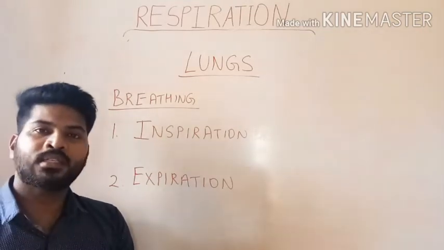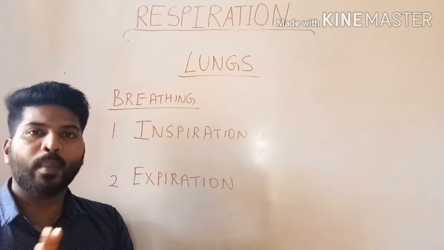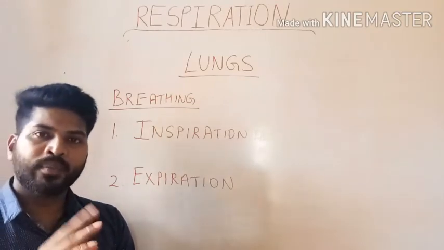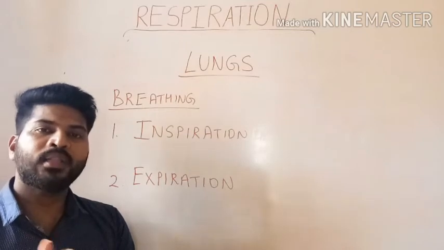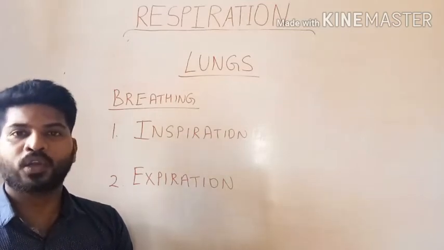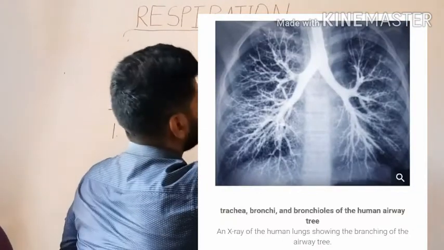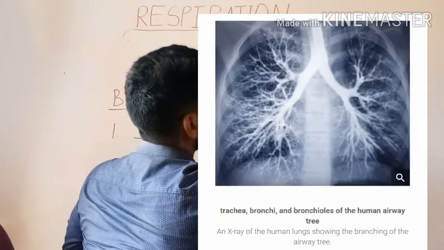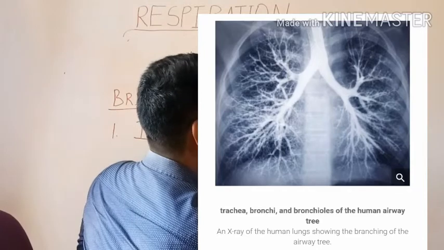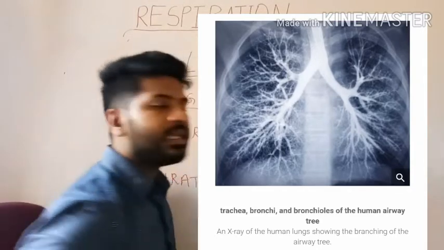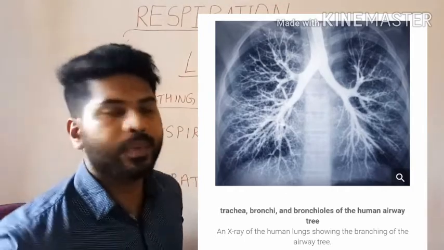From the nasal passage, the air will enter into a common opening, that is the pharynx. From the pharynx, the air will then enter into what is called the trachea, the windpipe.